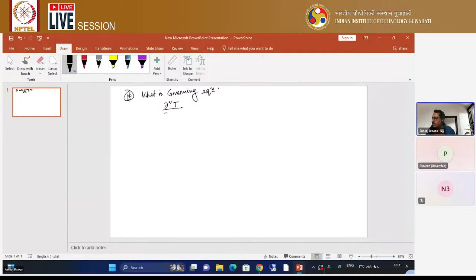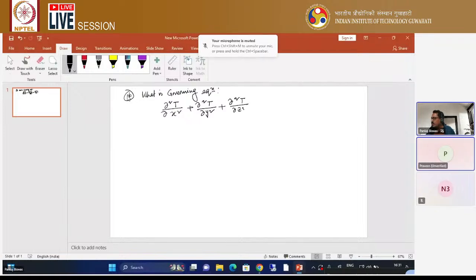In the three-dimensional case, it is del squared T by del x squared plus del squared T by del y squared plus del squared T by del z squared, equal to 1 by alpha, where alpha is the thermal diffusivity, times del T by del t.